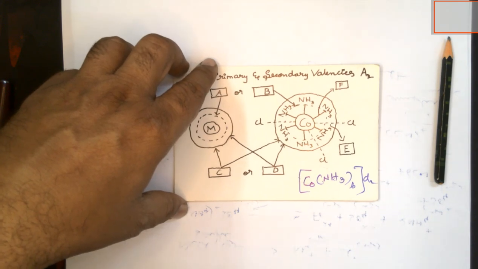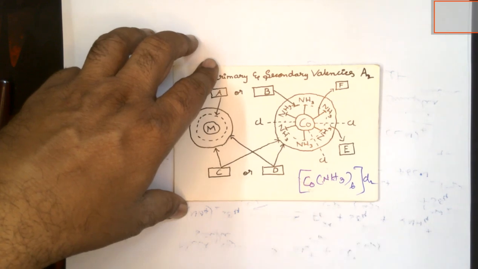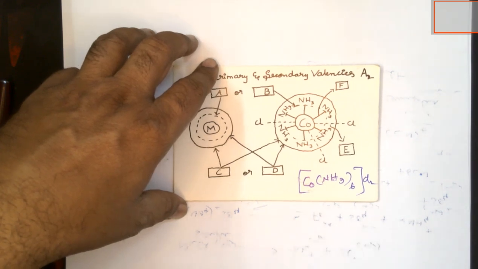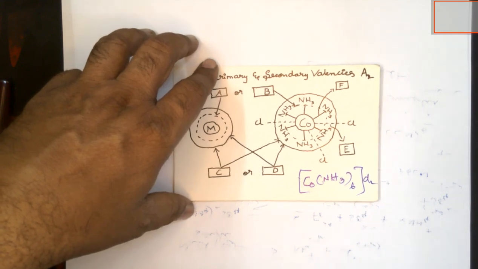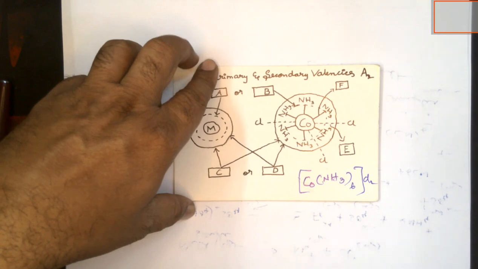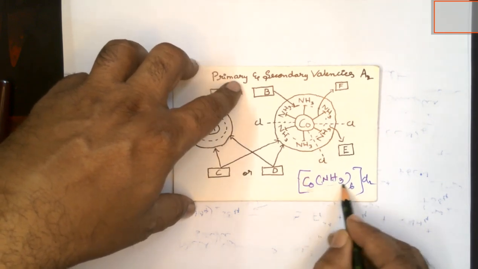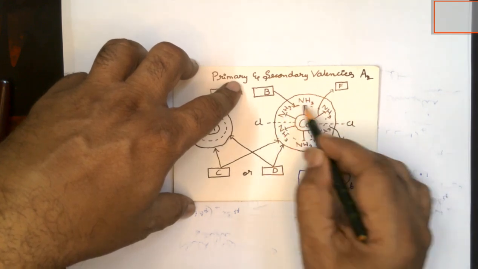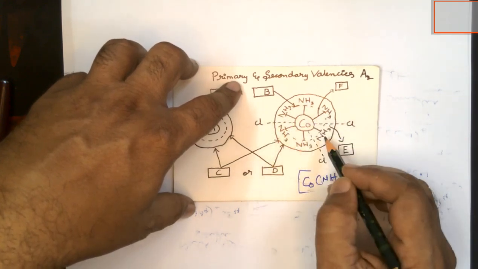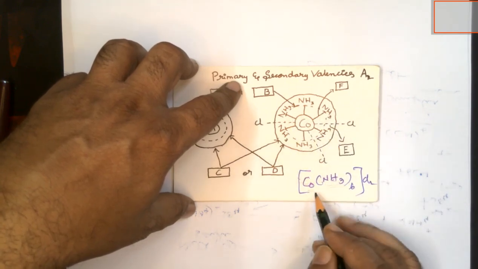So in a coordination compound, you can identify a central metal atom, and they are usually from D block elements like iron, cobalt, nickel, copper, etc. And these entities are groups of atoms or even ions surrounding the central metal atom.